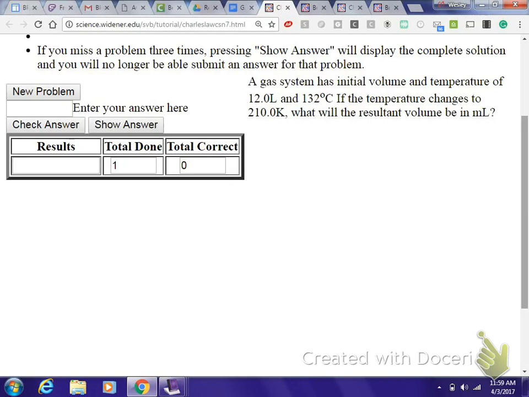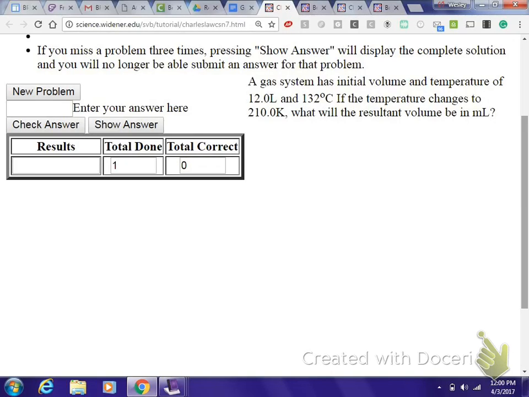T1 is 132 degrees Celsius, but right away I know I'm going to change that to Kelvin. So I'm going to cross through 132 and I'll make it into Kelvin. So in Kelvin, 273 plus 132, what's that give you? Close. 405, right?